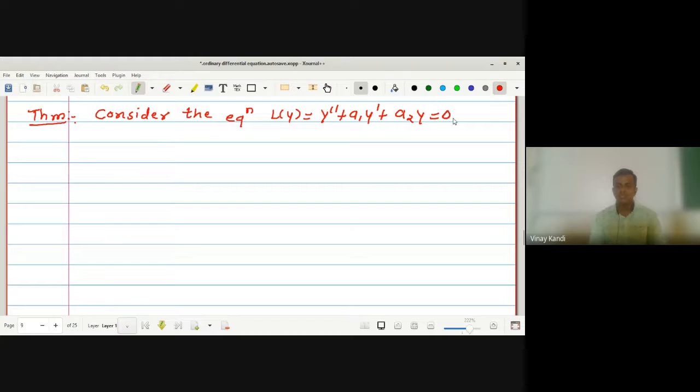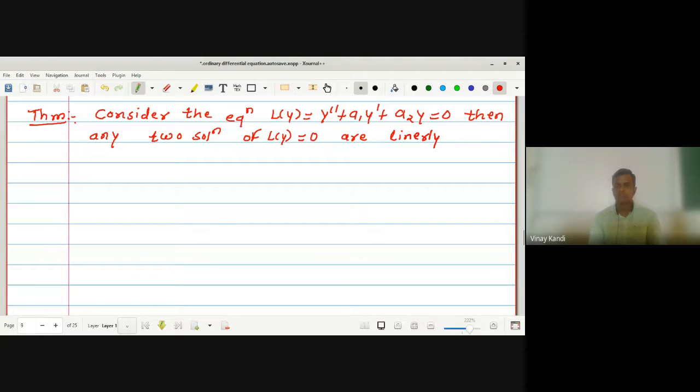Then any two solutions... this is a second order linear differential equation, so it has only two solutions. Then the two solutions of L of y is equal to 0 are linearly independent.